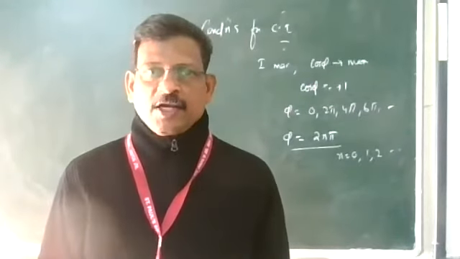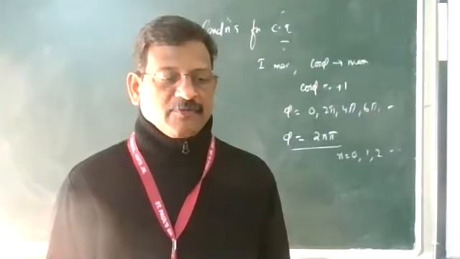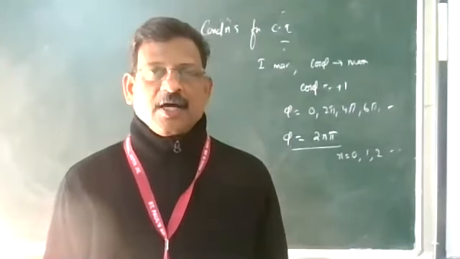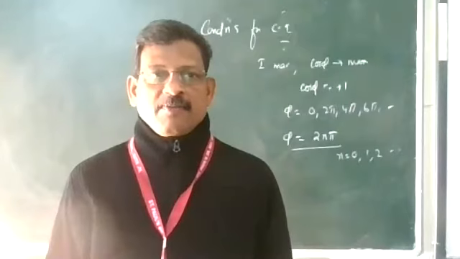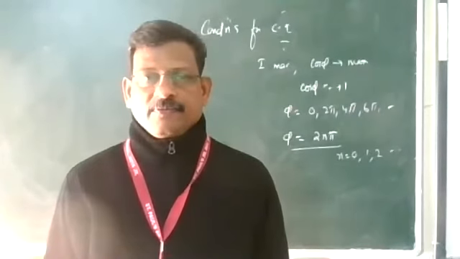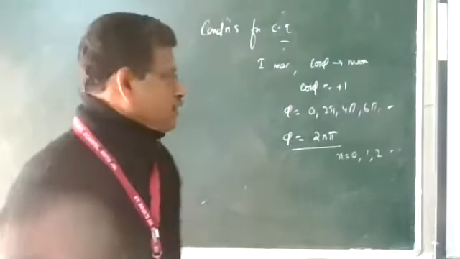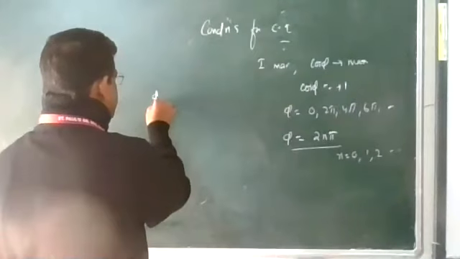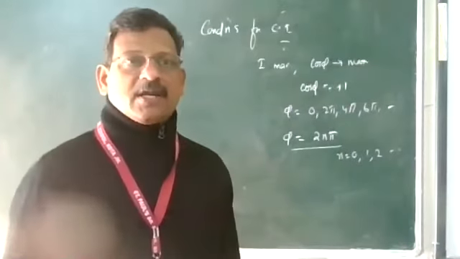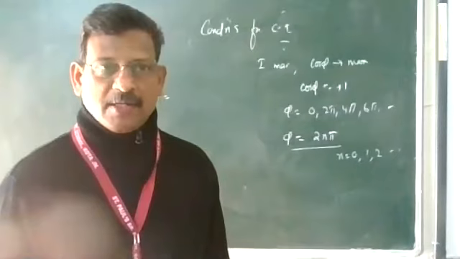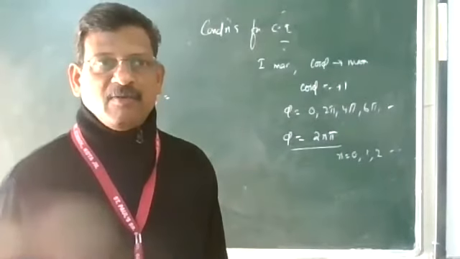So what is the relation between phase difference and path difference? This is a class 11th topic. Phase difference is related to the path difference. When waves travel different distances, there will be a path difference, and correspondingly there will be a phase difference.